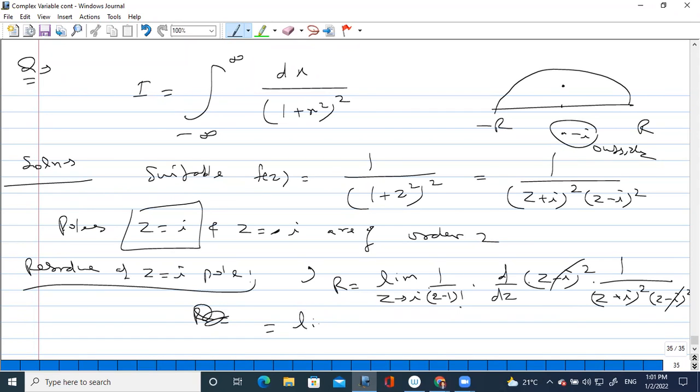It will be limit z tend to I. This value will be 1. d by dz of (z plus I) to the power minus 2.